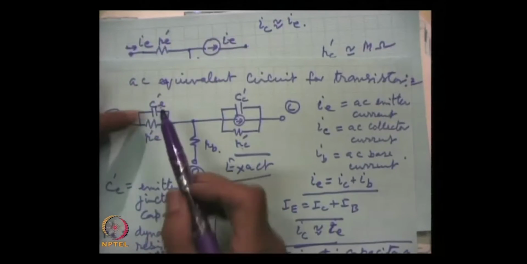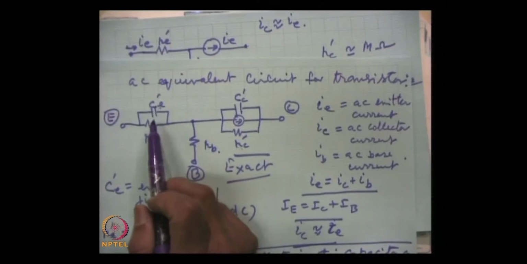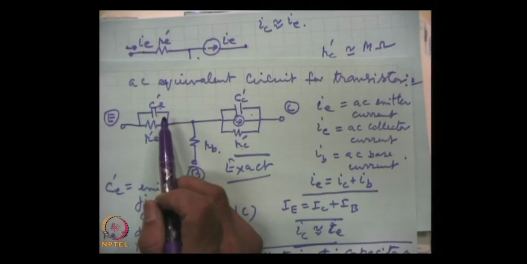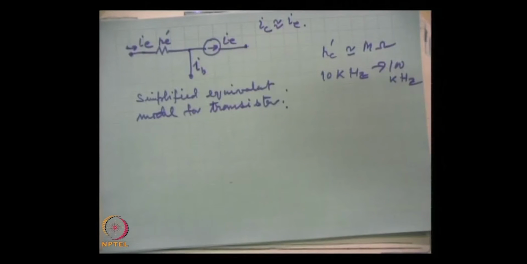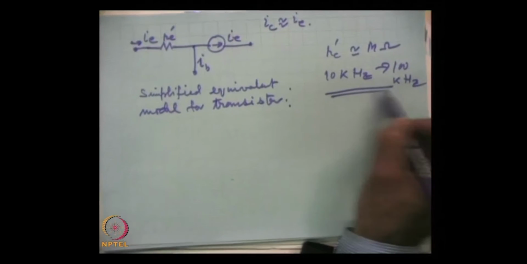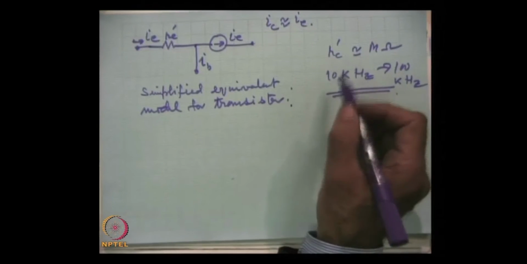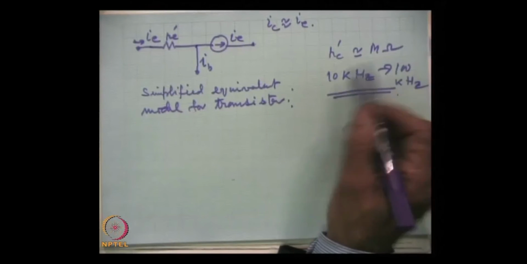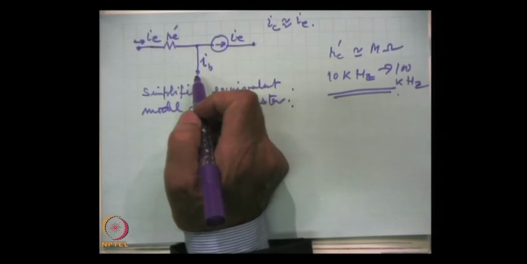The impedances offered by these capacitances are very high, and because they are in parallel, they can be neglected. This range is not very rigid, because it varies from transistor to transistor. There are transistors which will go higher in frequency, but normally we will be using them in this range, and for that this simplified model is good enough.